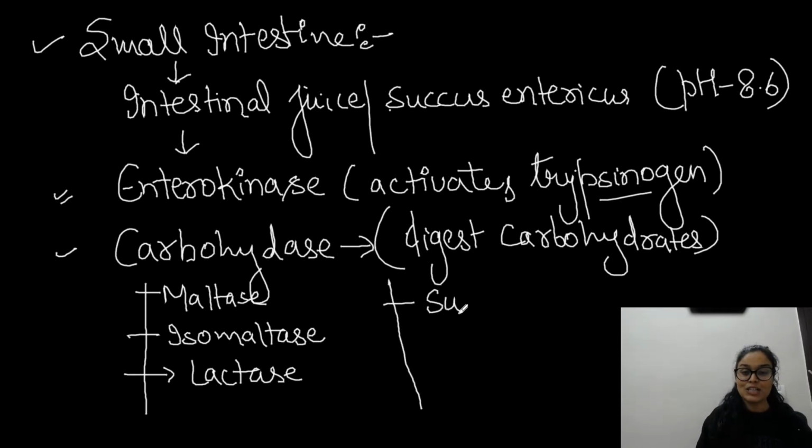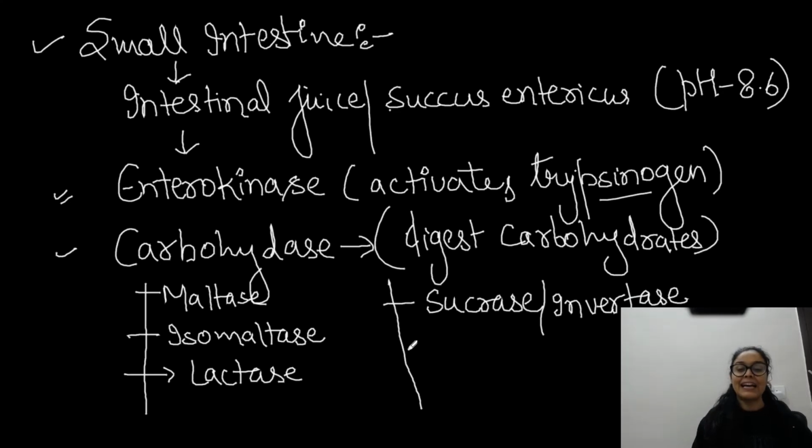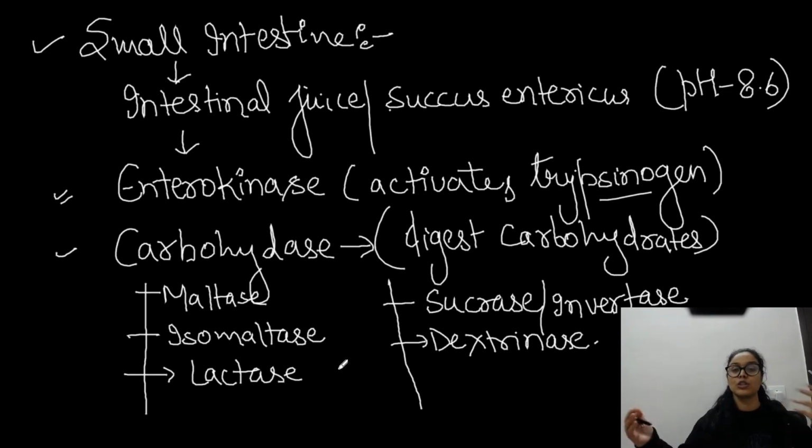Apart from that, sucrase acts on sucrose, the cane sugar or table sugar that you eat at home, and sucrase is also known as invertase. It also secretes dextrinase, which acts on dextrin, a sugar made up of a long chain of glucose, so dextrin is formed from many sugar units joined together. So these are all carbohydrases.